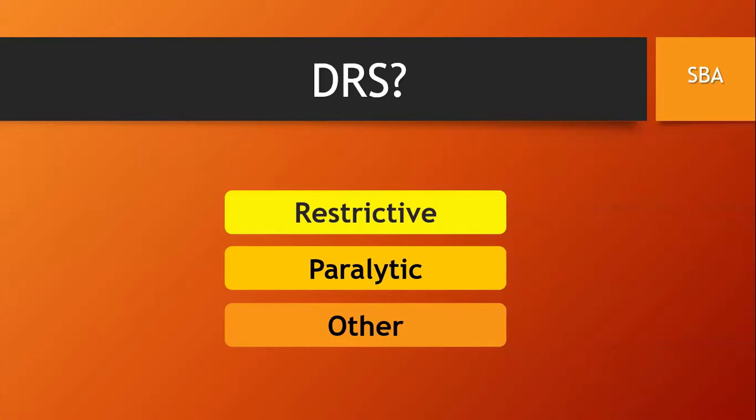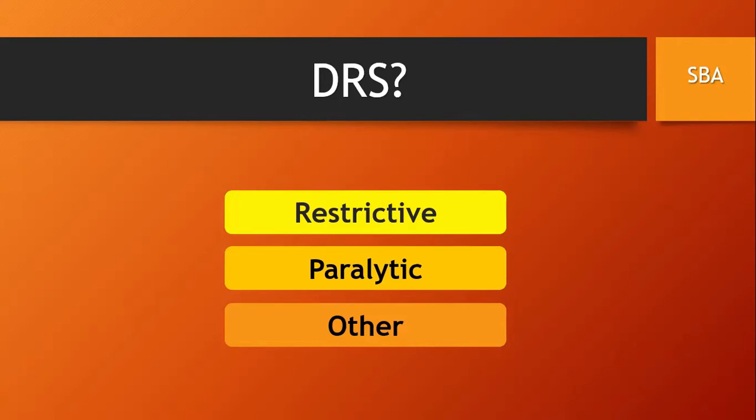In Duane's retraction syndrome, there is agenesis of the sixth nerve nucleus or sixth nerve, as a result of which the nerve to medial rectus, which is the inferior part of the inferior division of the oculomotor nerve, divides into two and supplies the medial rectus as well as the lateral rectus. That is, yeah, but it can't be paralytic or restrictive, so it is something else.